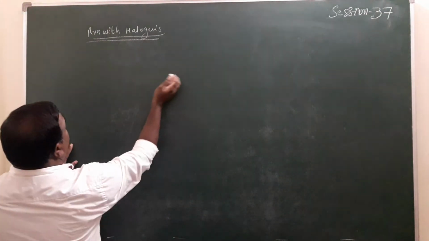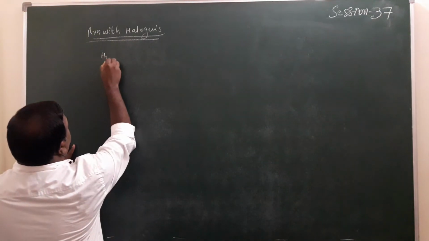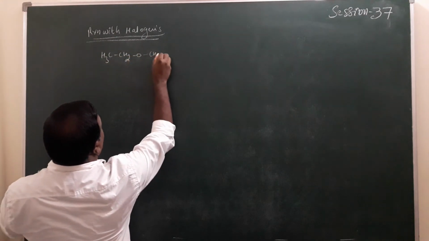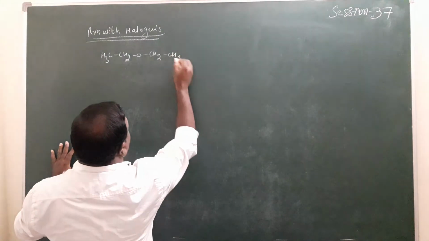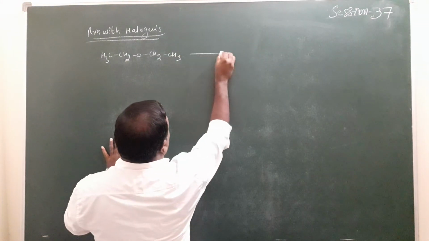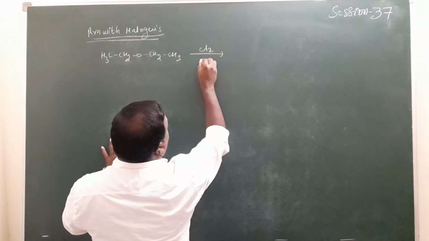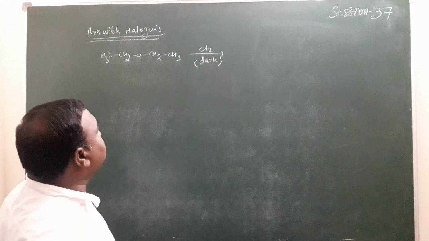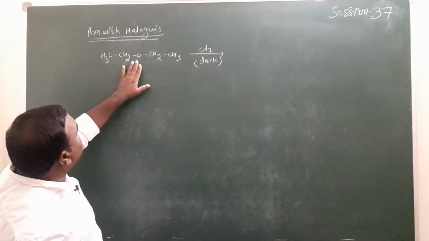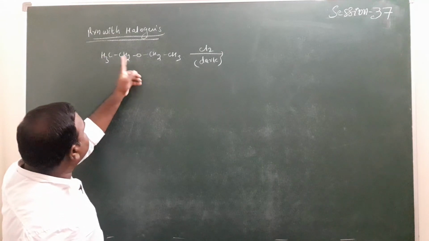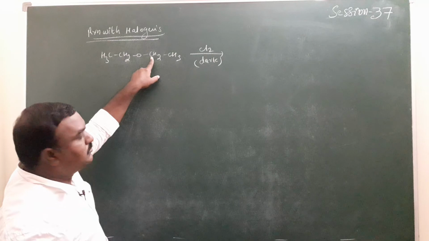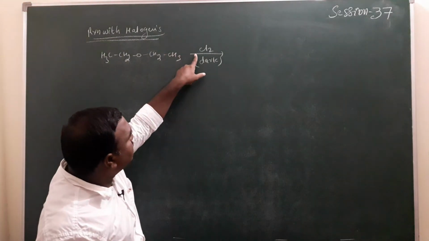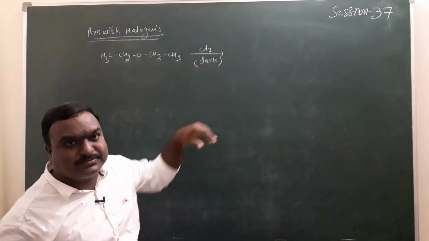Now, for example, here CH3 is given, here CH2, O, CH2, and again CH3. The compound reacts with chlorine, and the condition is dark condition. According to the structure, this one is alpha, and this one is alpha. The next one is beta. The carbon connected to alpha is beta, then gamma, delta, like this.